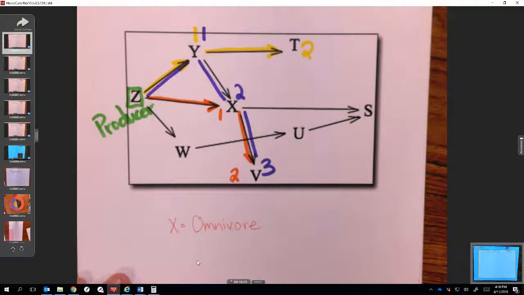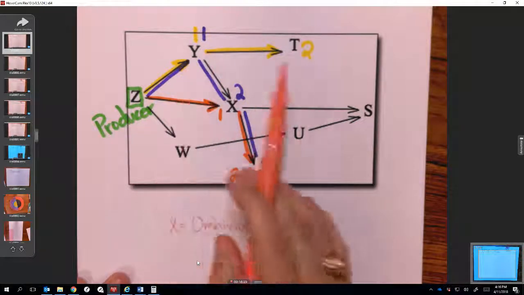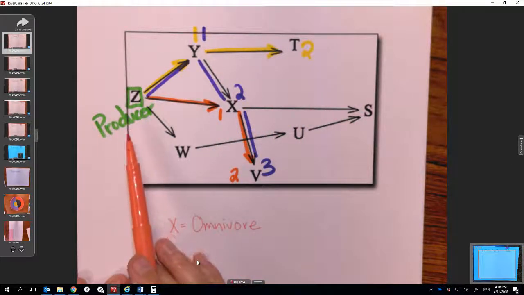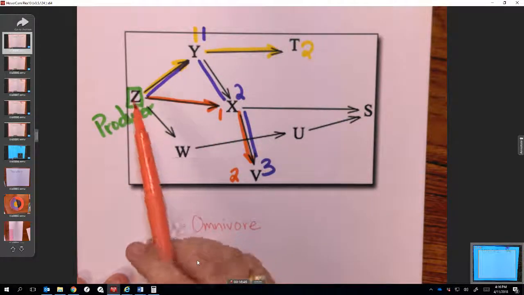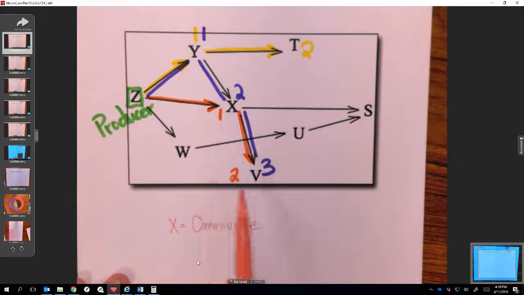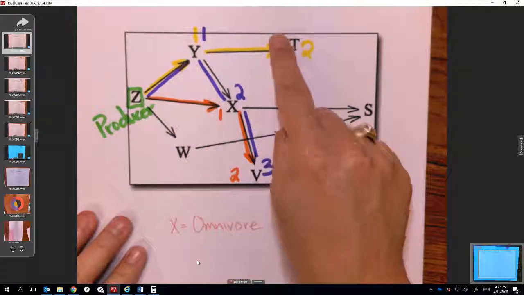So when you have a picture like this, all you really need to do is dissect it, work through it. If it's asking which ones are secondary consumers, go through and count. Producer 0 or P, 0, 1, 2. And then go through the next chain, 0, 1, 2, 0, 1, 2, 3, and make your notes on there. If you've already written the same number, you don't have to write it down again, but it helps if you follow the webs.